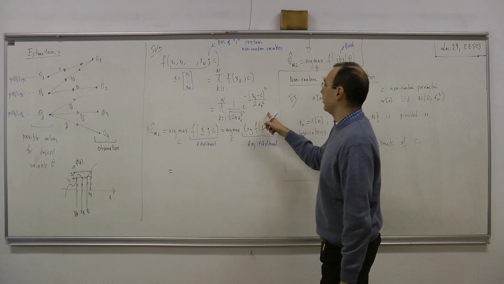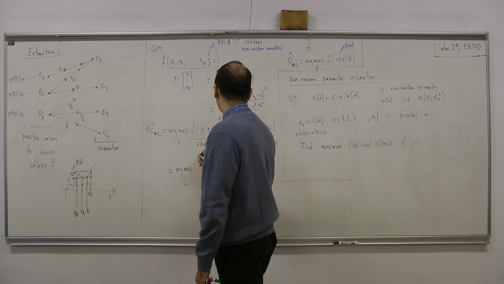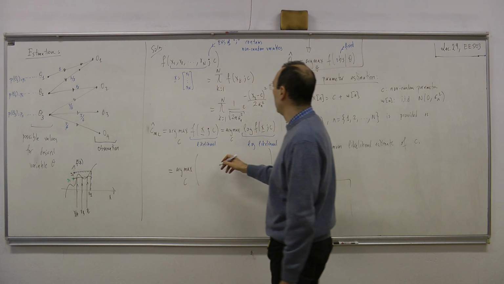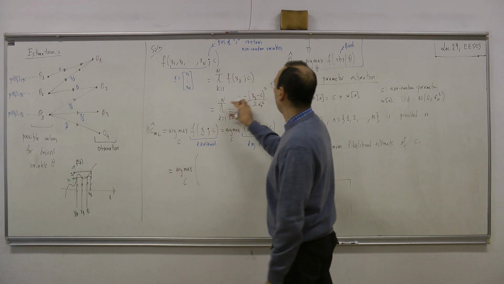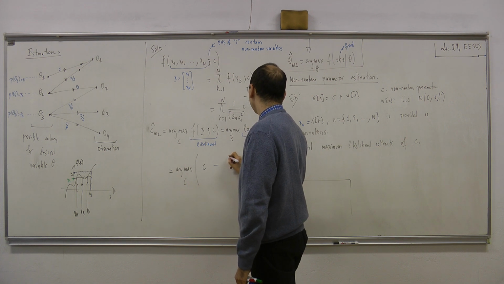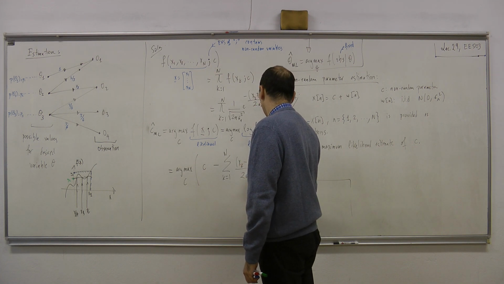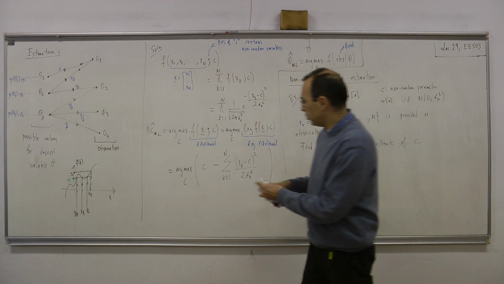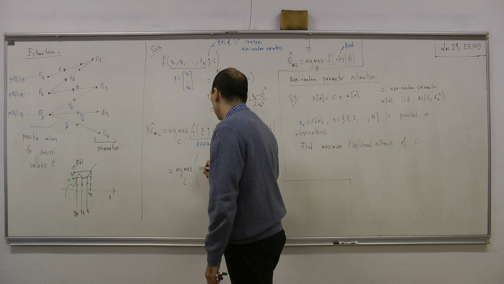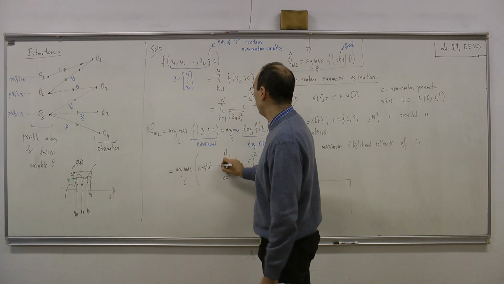Well, let me take the logarithm of this. So what do I see? Oh sorry, let me call this a constant, because this C and this C may confuse us significantly.